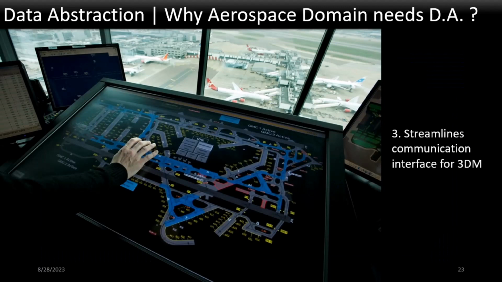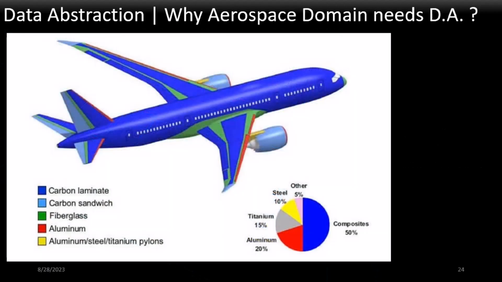Third application would be a streamlined communication interface for 3DM. 3DM stands for data-driven decision making. In ATC centers, we use this data abstraction method to sort the problems involved in landing and take off of the aircrafts. Another application is resource utilization.